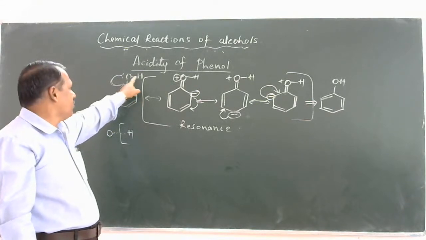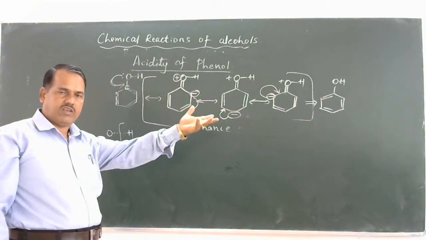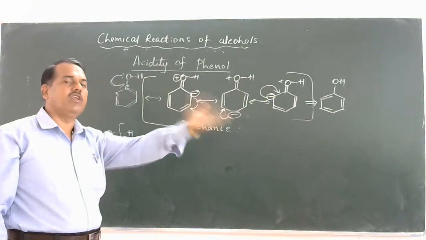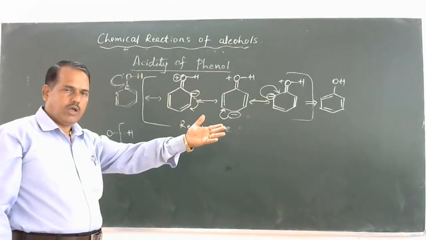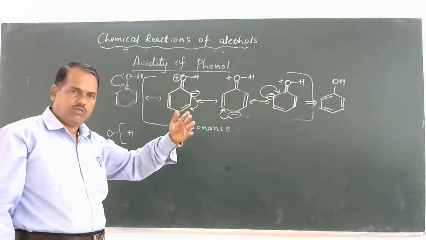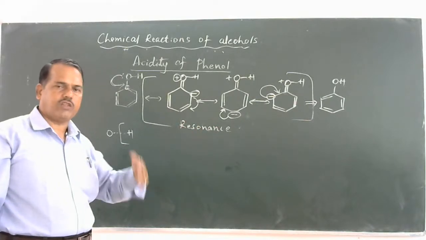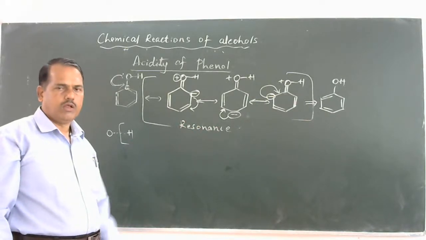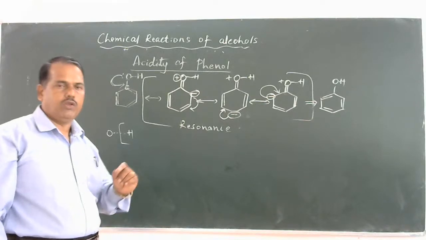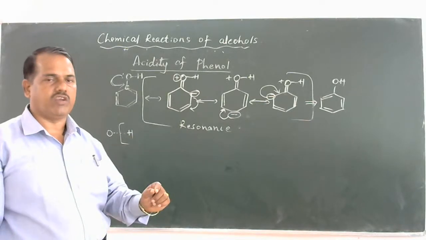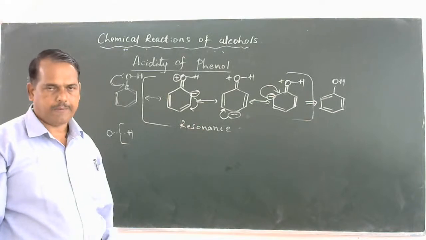Then the oxygen to hydrogen bond ionizes easily. Hydrogen can be easily removed. As more and more hydrogen is removed in the solution, acidic strength automatically increases. So therefore, phenols are more acidic than alcohol.